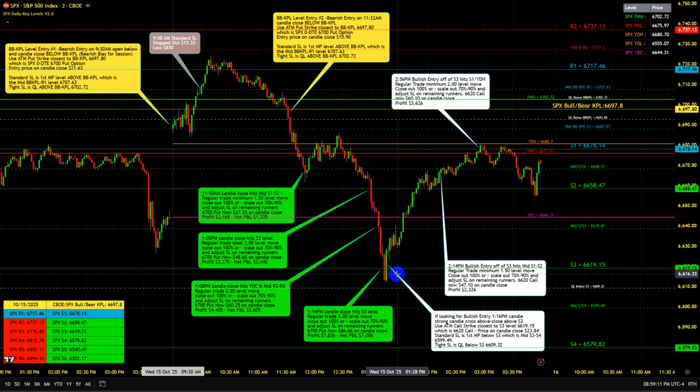For those of you that were looking for a bullish trade, then this is your signal right here for a bullish trade. So again, if we hit right here, and it's now 86.66. If you're still in this trade after making all this profit with remaining runners, you've adjusted your stop loss.